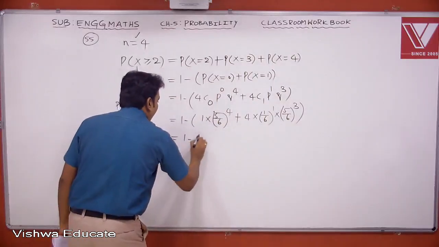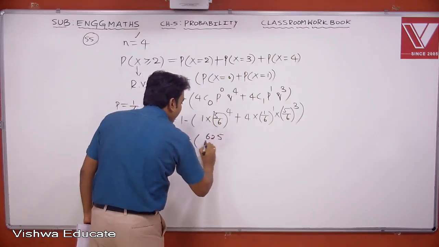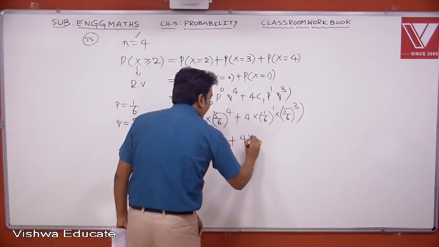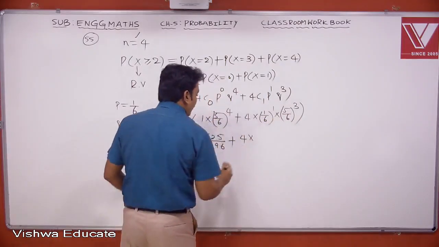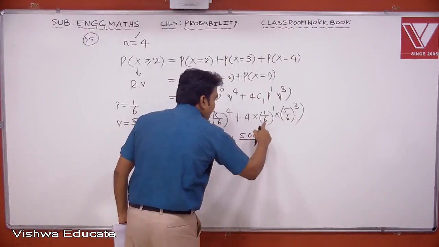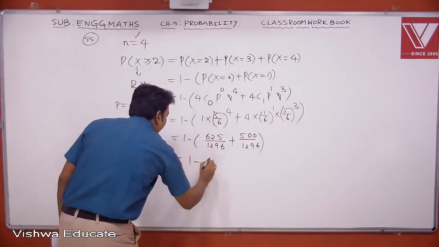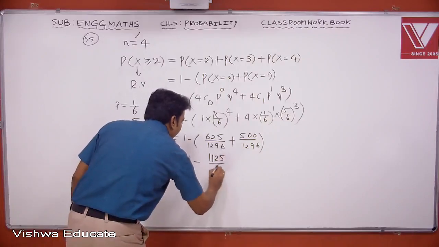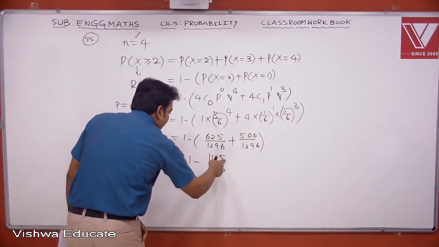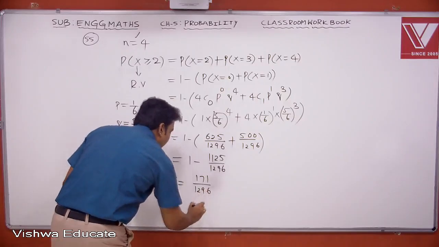Therefore this is 1 minus of 5 power 4, which is 625, over 6 power 4, which is 1296, plus 4 into 5 cube, which is 125, and 4 into 125 is 500, so 500 divided by 6 into 6 cube, again 1296. Therefore this is 1 minus 1125 divided by 1296, so 1296 minus 1125, which is 171 divided by 1296.